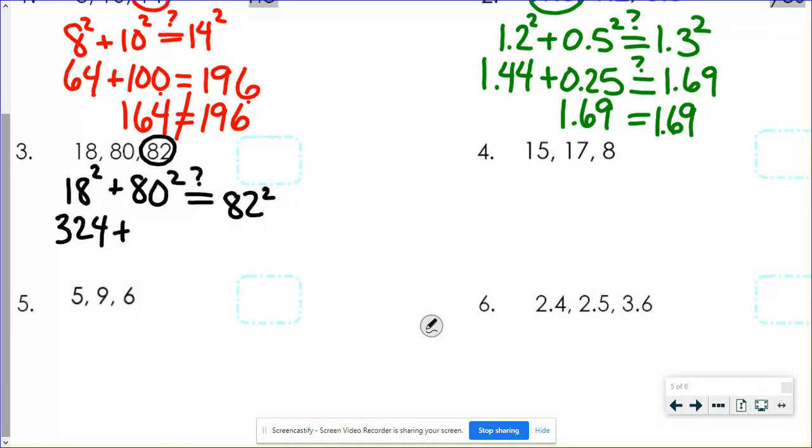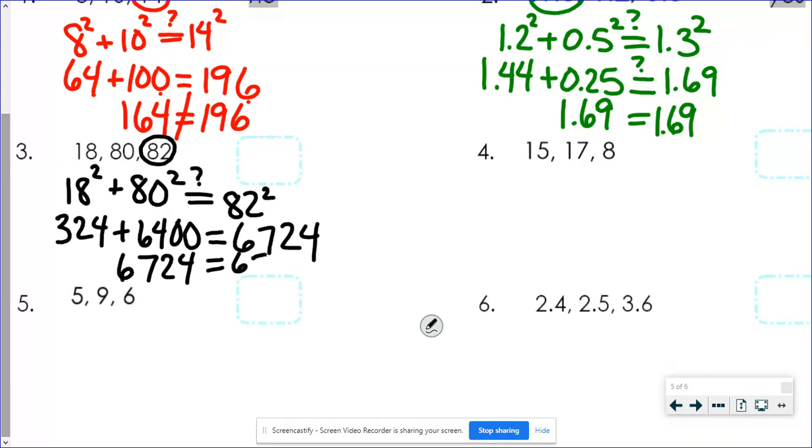That's going to be 8 times 8 is 64, and then 2 zeros. 82 squared, that is 6,724. When I add these two together, I'm going to get 6,724, and that equals 6,724. So this is yes, that is a right triangle.